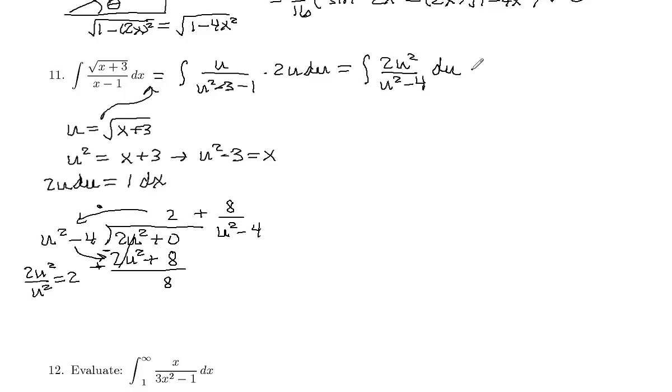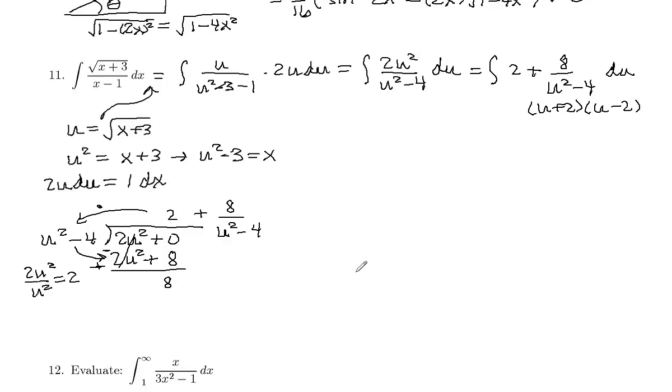So now this is just saying that we're going to integrate 2 plus 8 over u squared minus 4 du. So this part is easy to integrate. That's just 2u. And then this part, that's what we got to do the partial fractions on. So notice that this guy factors into u plus 2 times u minus 2.